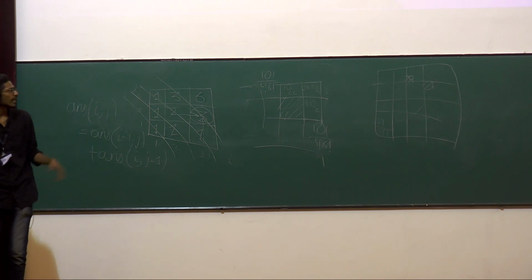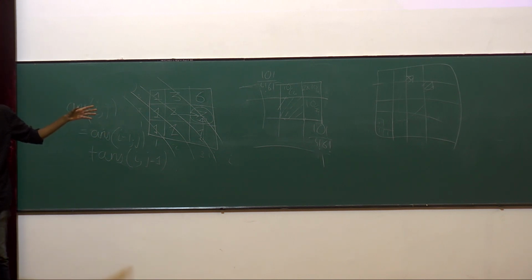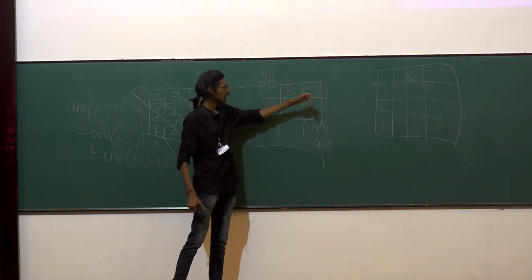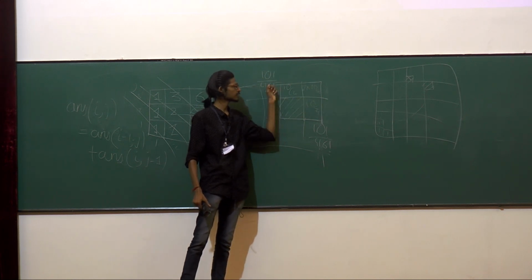But you might wonder, that is such a tedious task. Who would do it? There should be some fast way of doing it, right? Anyone have any idea how to do that? You know how this came, from the summation of this cell and the bottom cell.